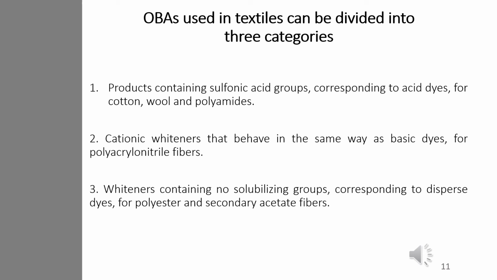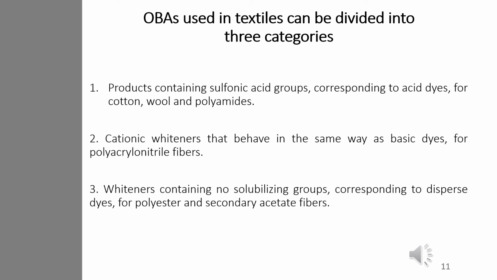Number 3. Whiteners containing no solubilizing groups. So the third category of the optical brightening agents is whiteners containing no solubilizing groups, corresponding to disperse dyes for polyesters and secondary acetate fibers.